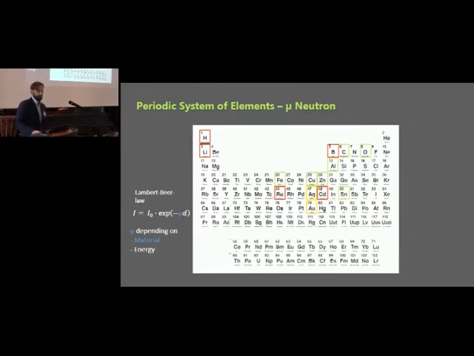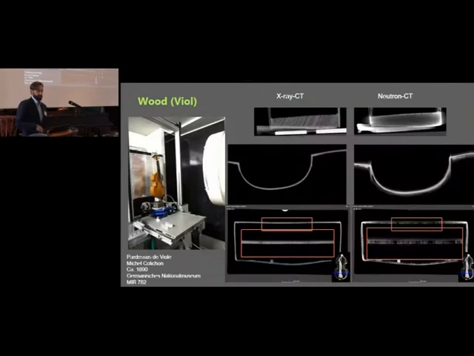So if you compare the methods, for example, for wood, then you can see that the X-ray CT has a much better quality in scanning wood, while the neutron, you can see the same hardening effects we've seen before in the gamelan part, in the gong. And sometimes you have a better contrast.